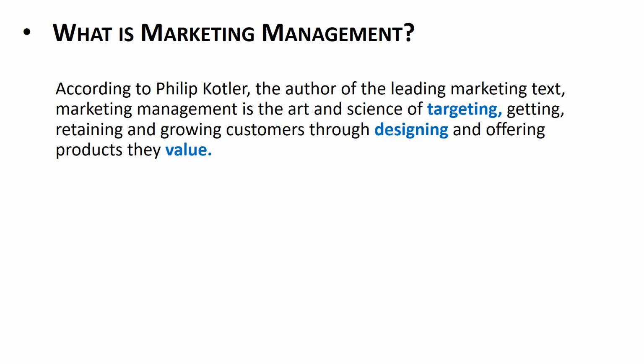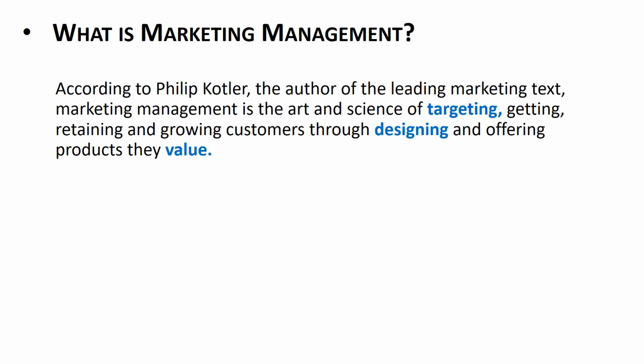So if you want to target, attract, retain, grow, you must design products that they value. Right? What is it the customers want? And then you need to offer it to them.